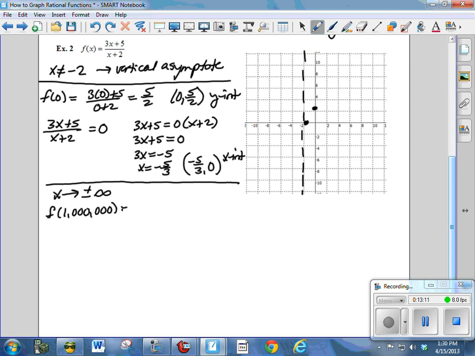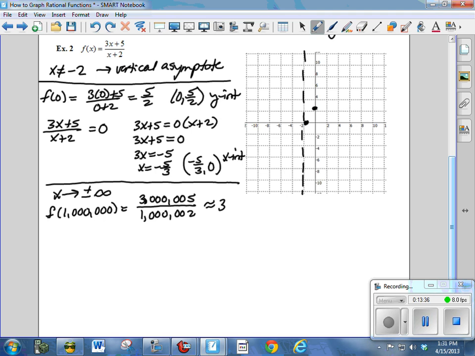What happens? We get 3,000,005 in the numerator. In the denominator, we get 1,000,002. That's approximately what? 3,000,005 divided by 1,000,002. Well, that 5 and 2 don't make a whole lot of difference. That's approximately 3.